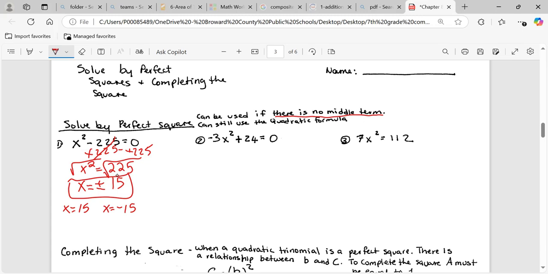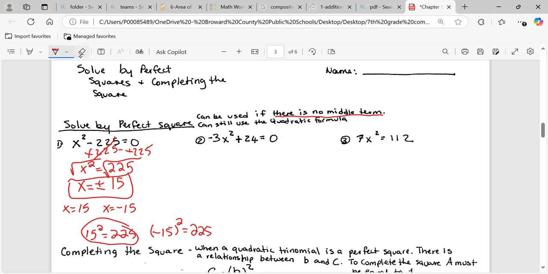Now you might say, well, how did I get that plus or minus? Because 15 squared is going to give me 225, but negative 15 squared is also going to equal 225. So we see that both options will work. This is called the principal root, but this is also a root as well.